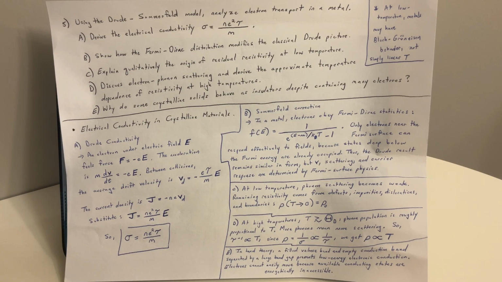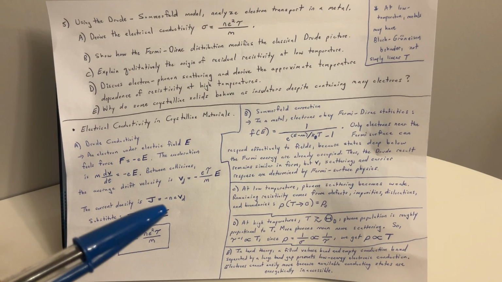Electrical conductivity in crystalline materials. An electron under electric field E feels a force F equals negative e times E, the electric field. The acceleration is m dv/dt equals negative e times E. Between collisions, the average drift velocity is v sub d equals negative e τ over m times the electric field.